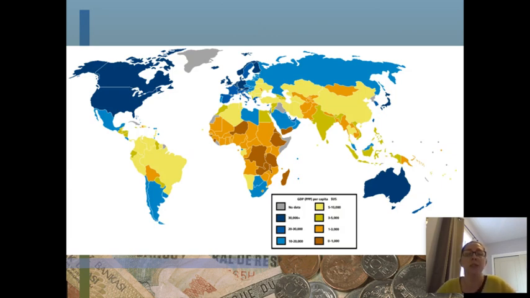So as you can see in this map, the northern hemisphere is either a royal blue or cardinal blue. These are those so-called developed nations. They tend to have a higher standard of living and larger gross domestic product per capita. Whereas in the global south, you tend to see yellow and oranges and browns.